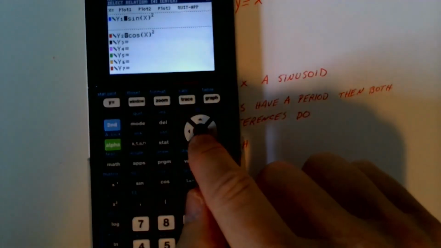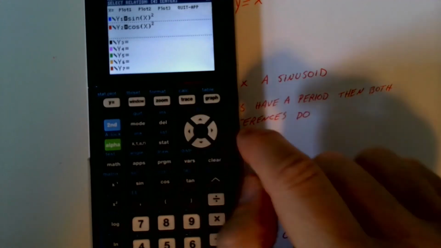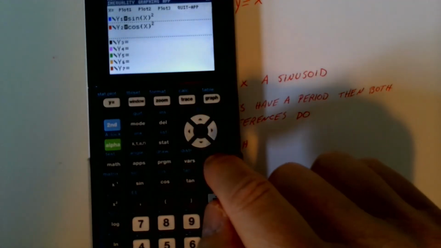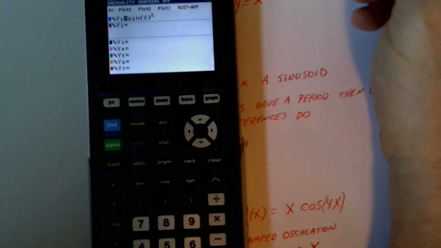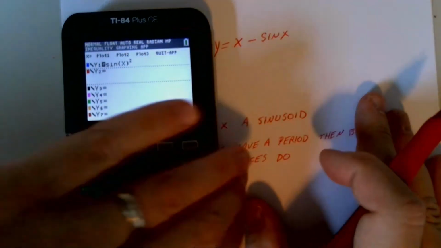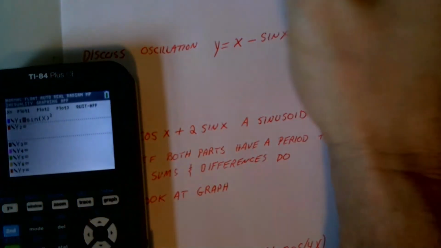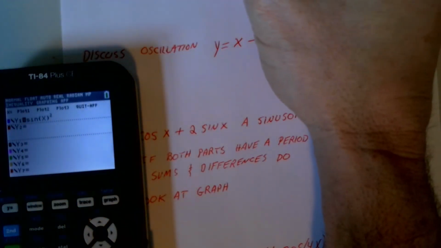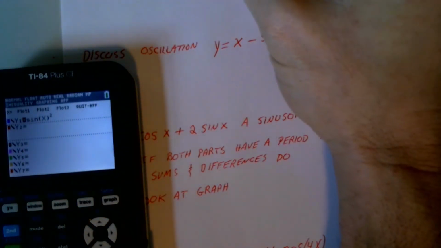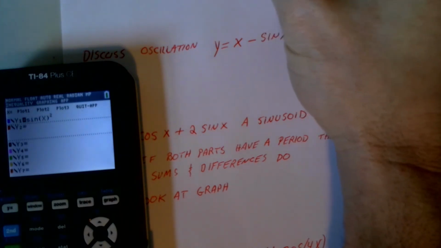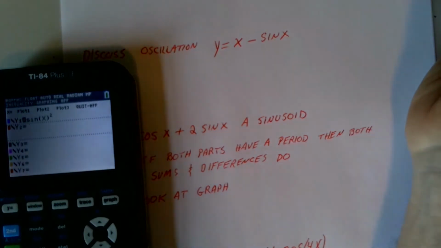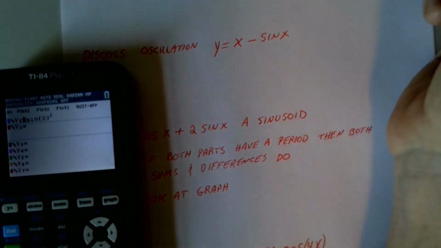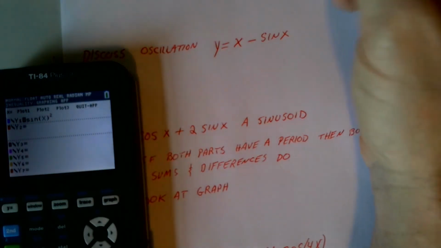So let's get rid of this here. So what does domain and range mean? So domain and range simply are what can we put in for x. That's domain. What's legal to put in for x. And I believe it's everything, right? I don't know that there's anything that we can't put in there.